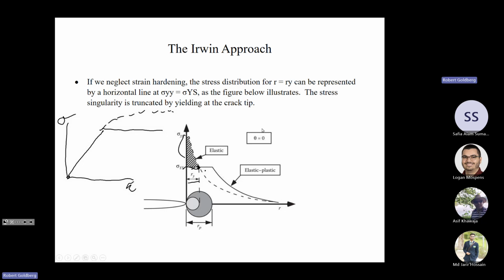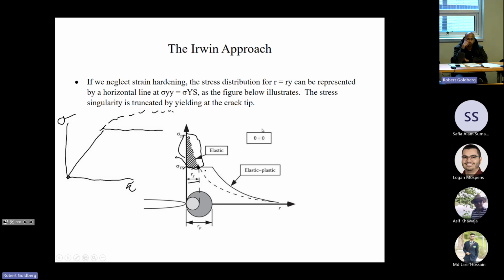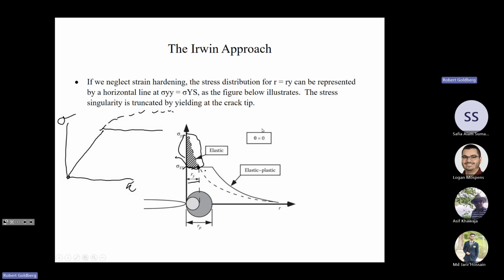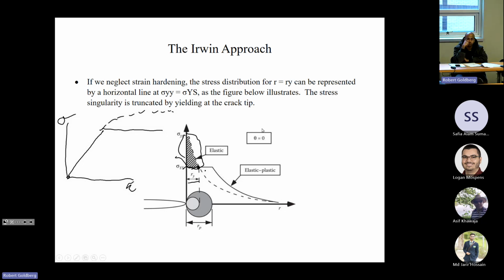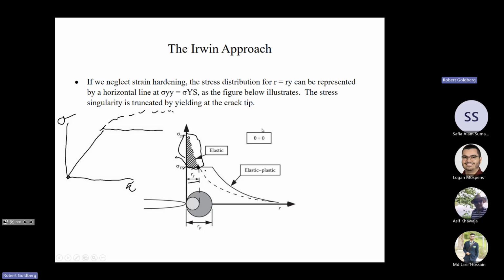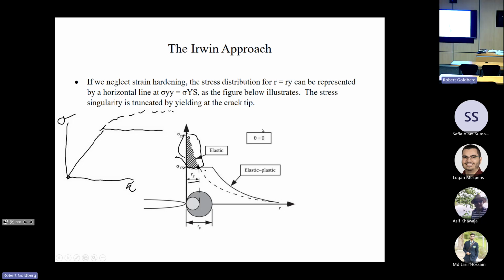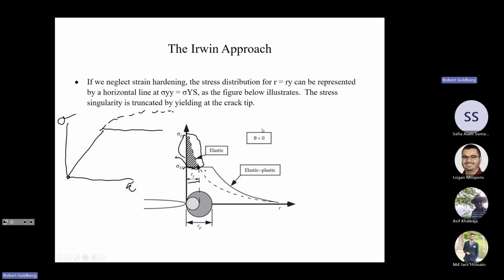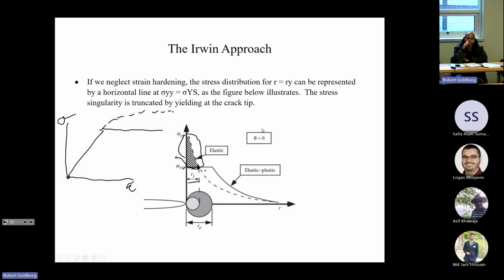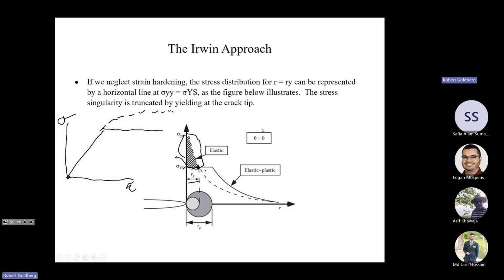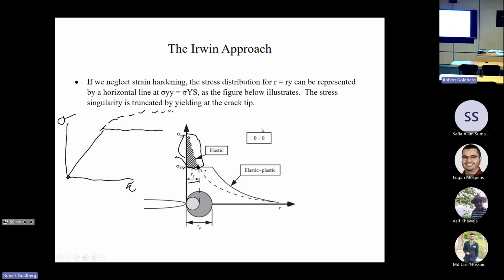This cross-hatched region here is all forces and stresses that would be present in an elastic material, but because we've yielded, they aren't there. This initial analysis assumed that these forces just disappear. But in order to maintain equilibrium, we can't just say that these forces magically disappear.